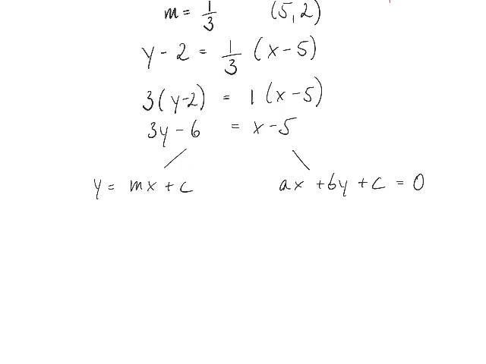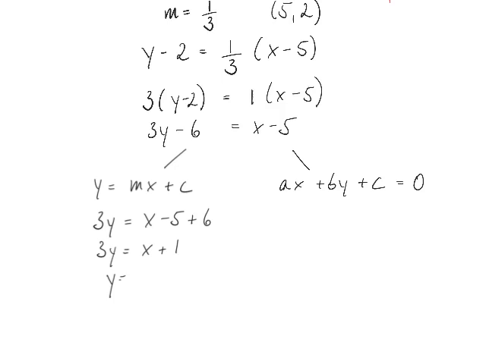Okay, so for the first one, the one on the left, we need to get the y by itself. That means we're going to move the 6 to the other side. So that would leave us with 3y equals x minus 5, and now plus 6, because it goes to the other side. So we get 3y equals x, minus 5 plus 6 is plus 1, and the last step is to divide by 3.